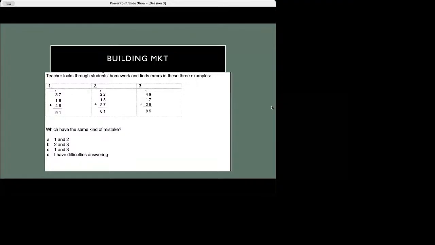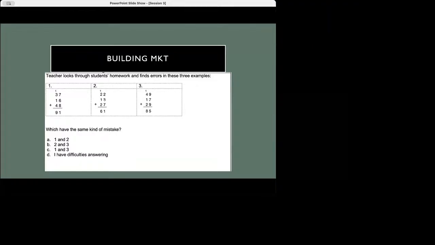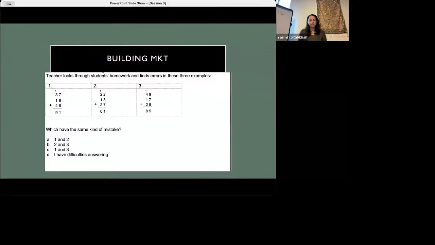I'll tell you why I think C is the same kind of mistake. In both 1 and 3, I think the student counted the ones and then carried forward 1 instead of 2 for both cases. Okay, good. Everyone agree? Does anyone have any questions for him?